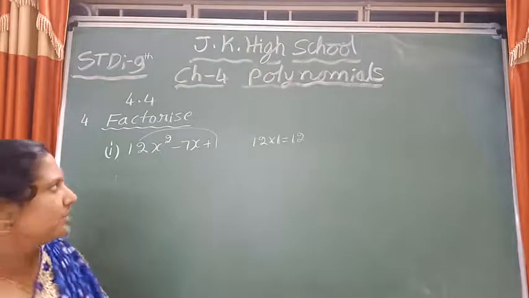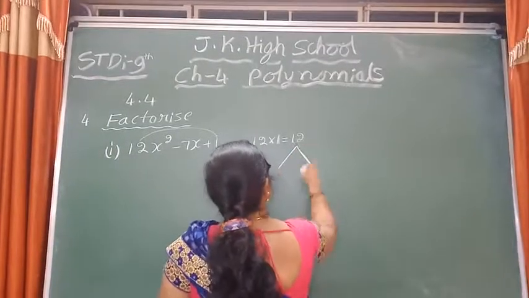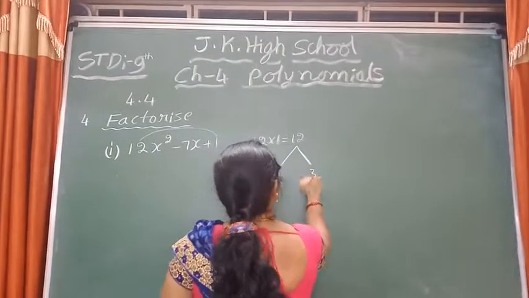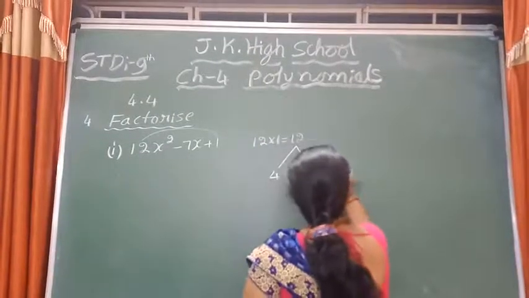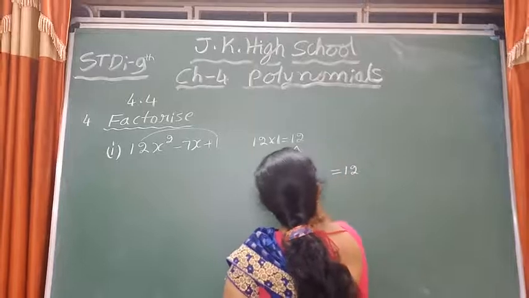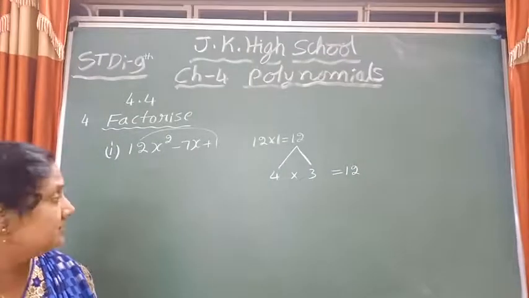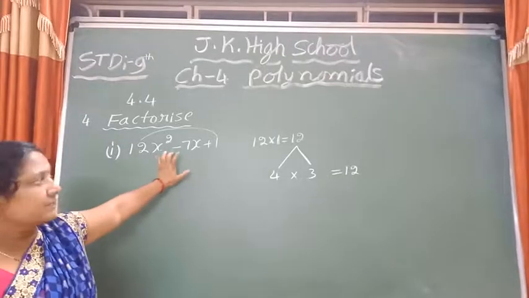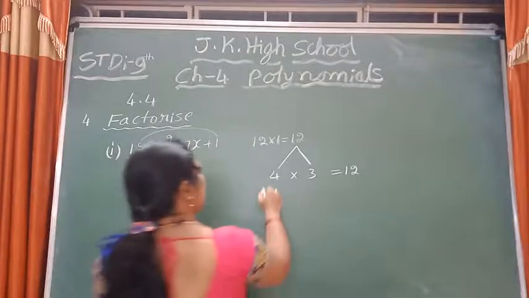So now, if I split this one as, say 4 3s are 12, okay. 4 3s are, if you multiply, you are going to get 12. But when you add or subtract, you should get minus 7 means both the numbers should have minus sign.